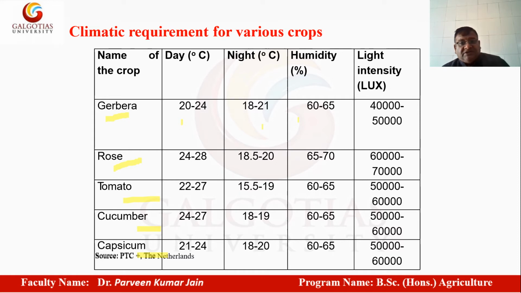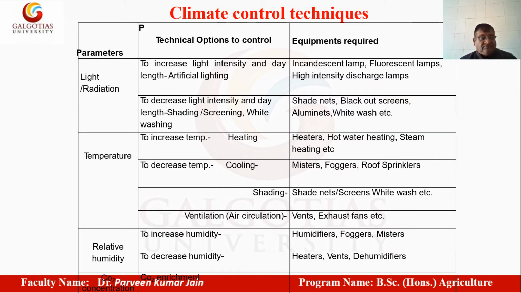You can see in this table that the normal day temperature is around 25 degrees, the night is around 15 to 18, the humidity is around 60 to 65%, and the light intensity is around 50,000.